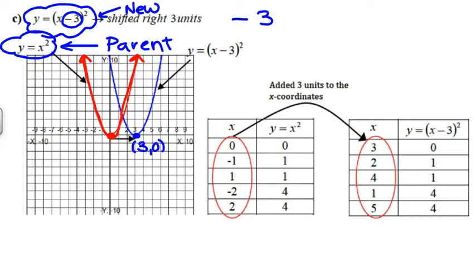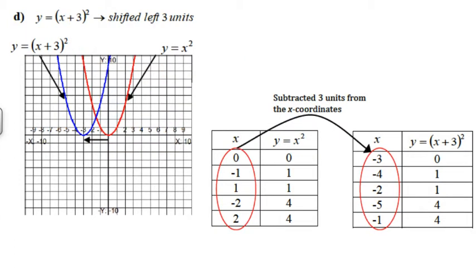So to create our set of ordered pairs, here is our parent ordered pairs, and for us to move it 3 units to the right, we're going to add 3 to all of our x values. So notice the difference. Here's 0, here's 3. We're adding 3. Negative 1, we're adding 3. We'll continue doing that, and then we can graph our new set of ordered pairs.